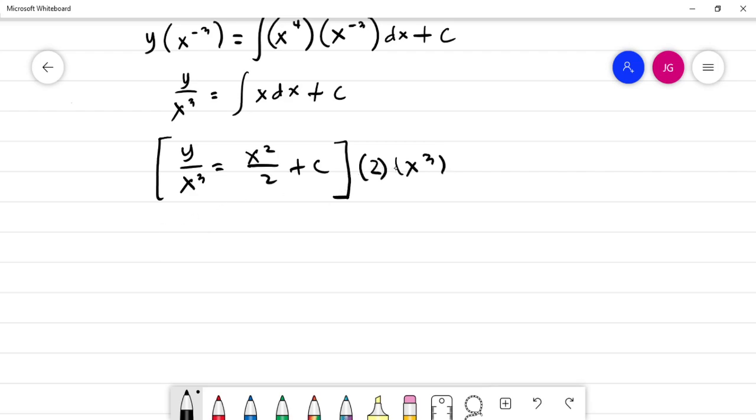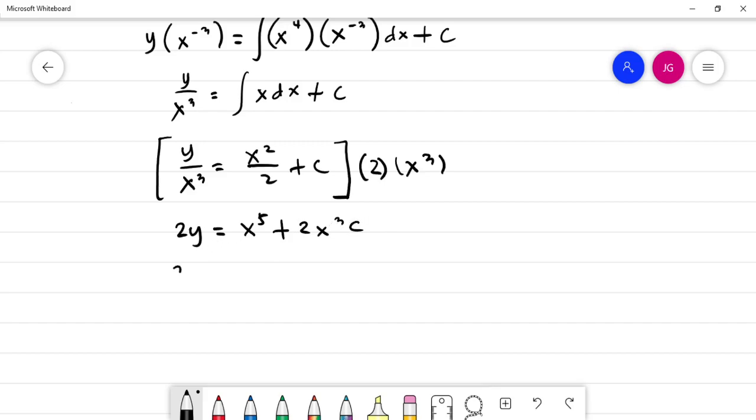So 2x cube multiplied to the left side, that is 2y is left because x cube cancels out. Then on the right side, x squared multiplied by x cube is x raised to 5 because 2 plus 3. Then the 2 cancels out, then plus 2x cube c.